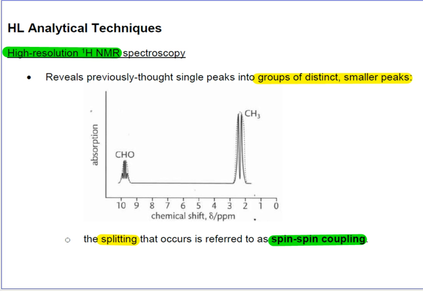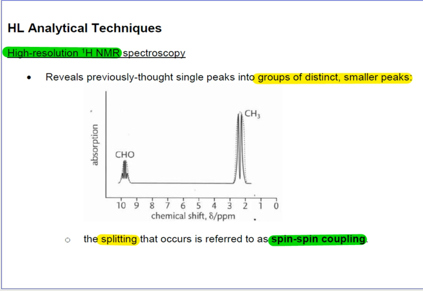So what we didn't know is that these peaks actually form smaller groups of distinct peaks. Here in the picture, you can see on the left, we've got 4 small peaks all grouped together, which represent the CHO group. On the right, we've also got another group of peaks, but this time there's just 2 tall peaks.